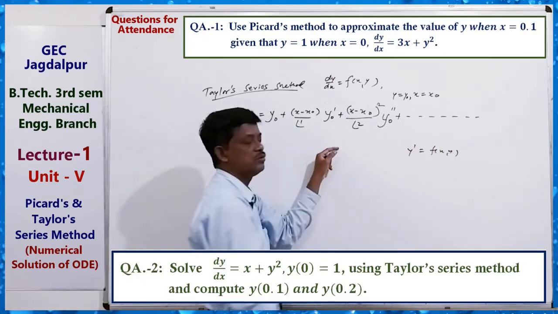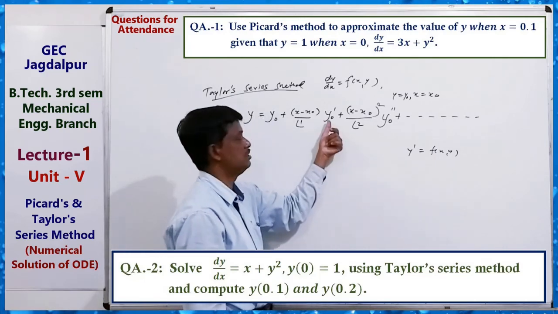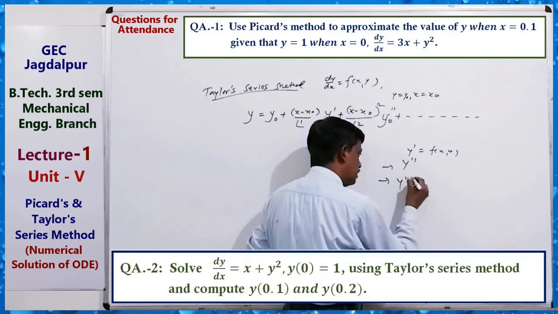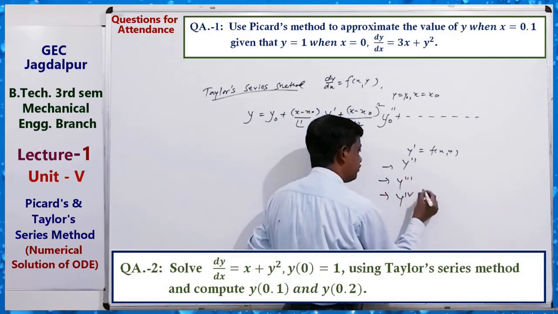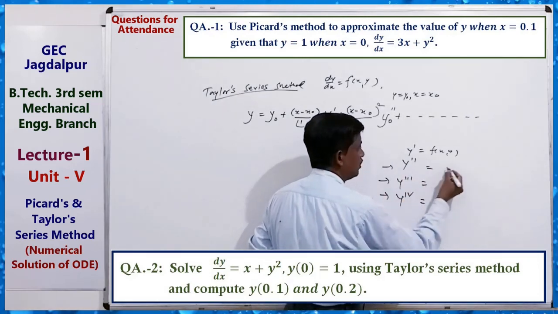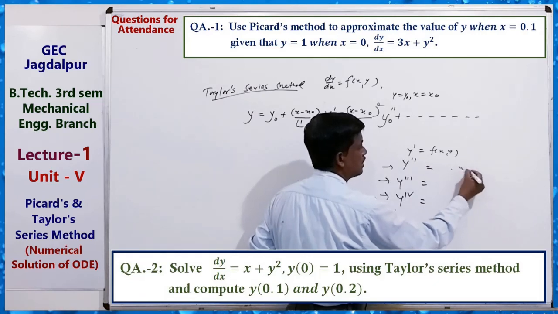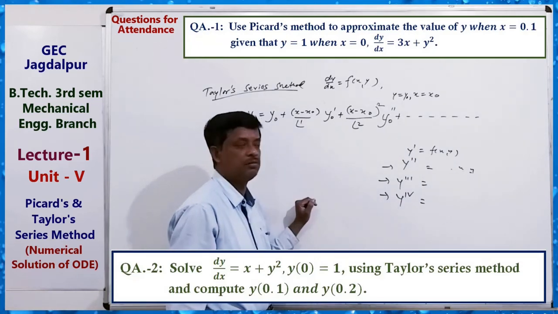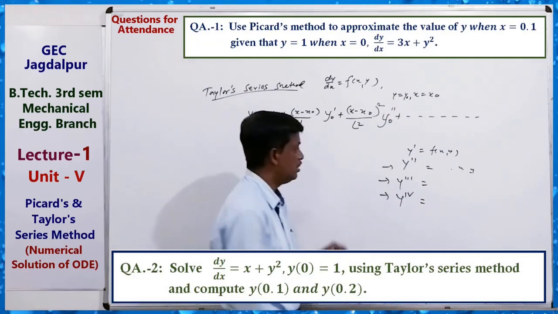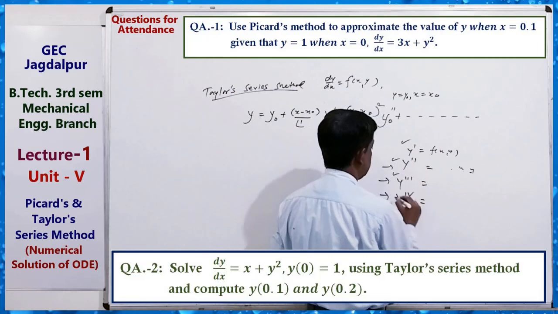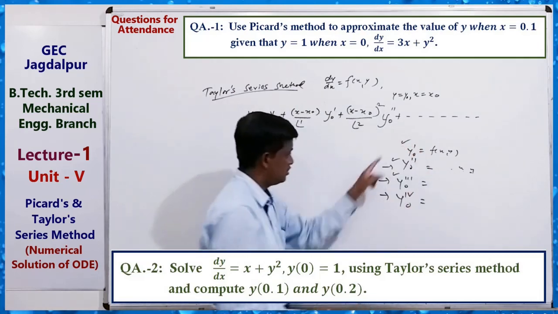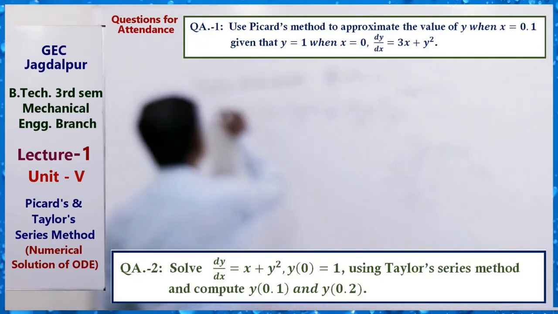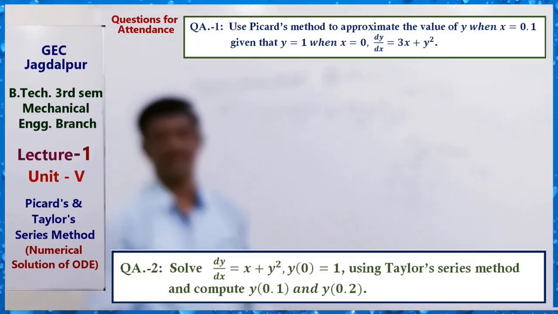Just put here x0, y0, then you can get y dash 0. And again differentiate, again differentiate, again differentiate. We get expressions in terms of x and y. Just put in the initial values, then you can get all the values at 0. Put all these values in this series, then you can get the value of y as a series.